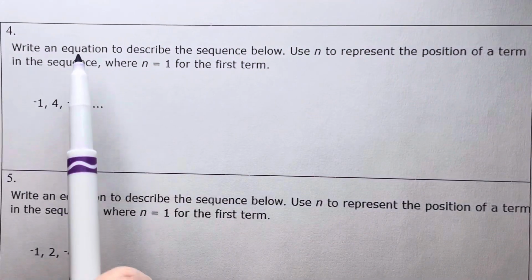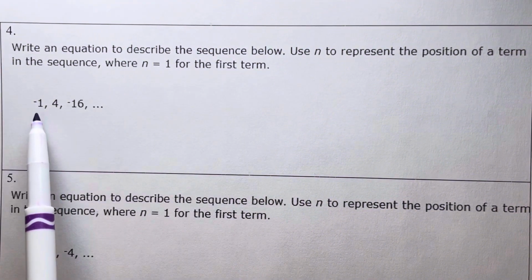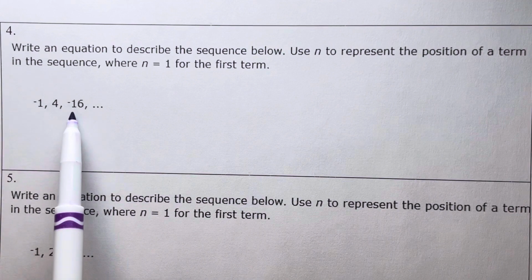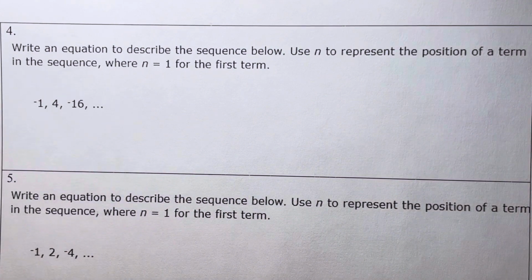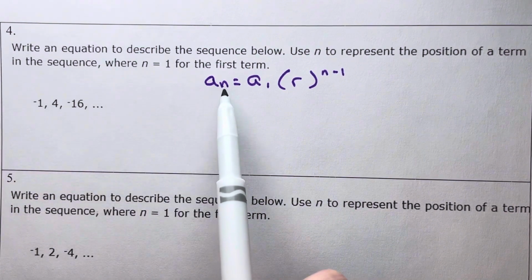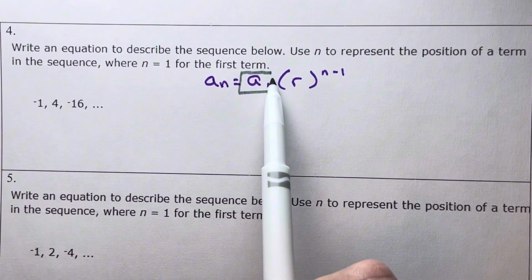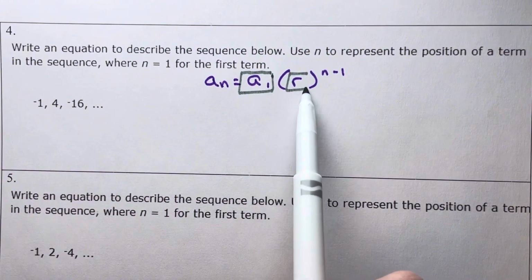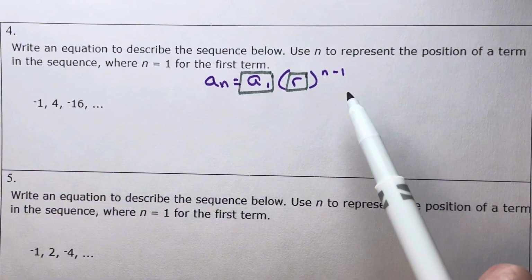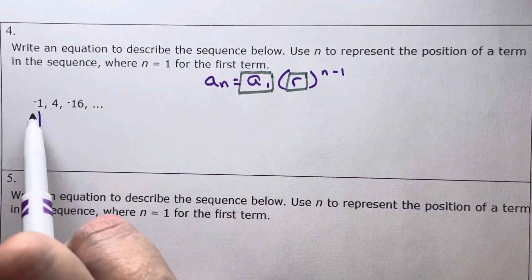In example 4, we're going to write the equation that best describes the sequence below of -1, +4, and -16. Knowing that our equation rule will come from a sub n equals our first term times the ratio of our second and first term, let's go get this party started. So our geometric sequence begins with a -1.